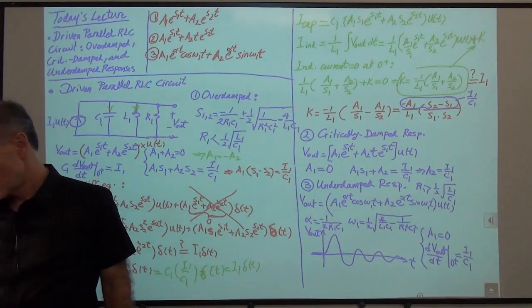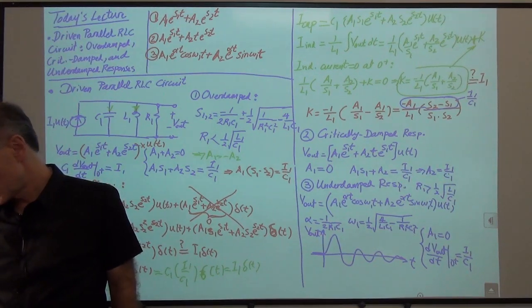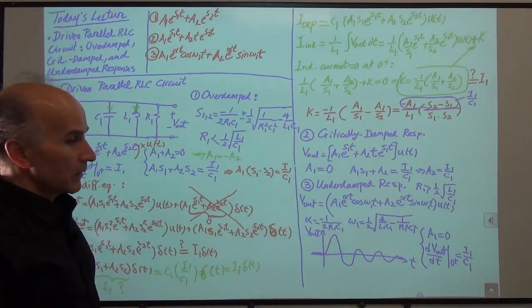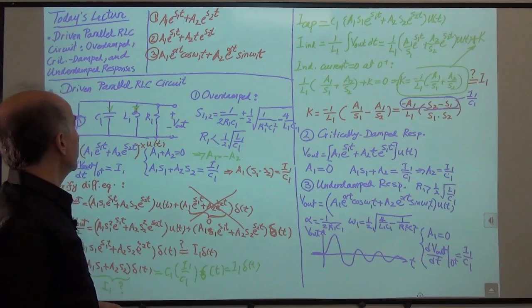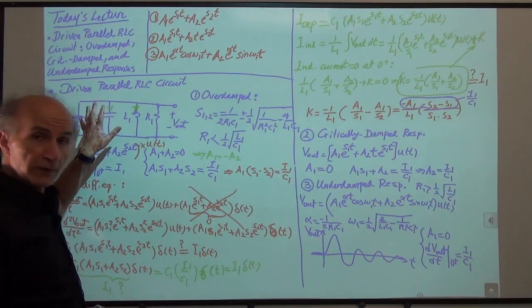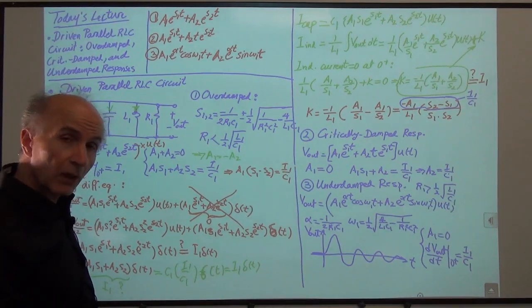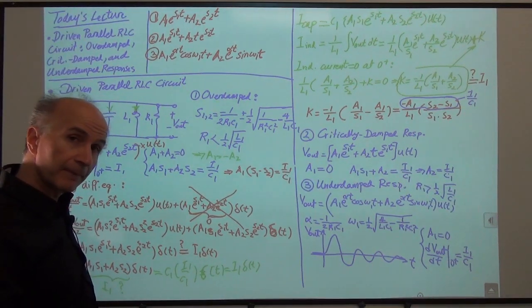All right, so let's see. Anything else that I wanted to add here? Okay. Another type of response that we can think about for this driven circuit is when the input is an impulse, not a pulse, not a step.